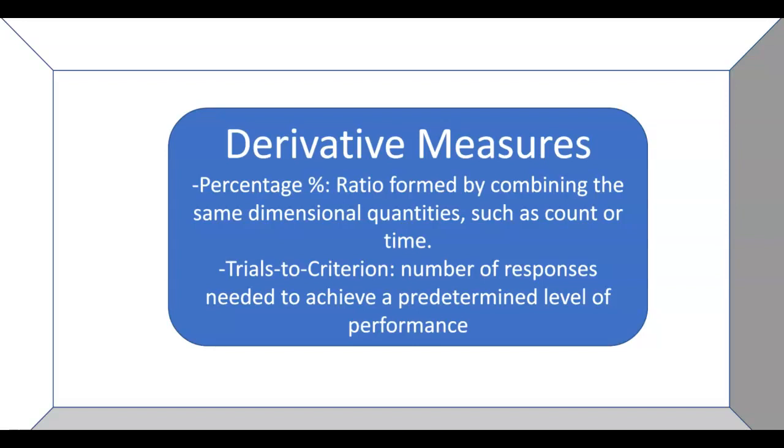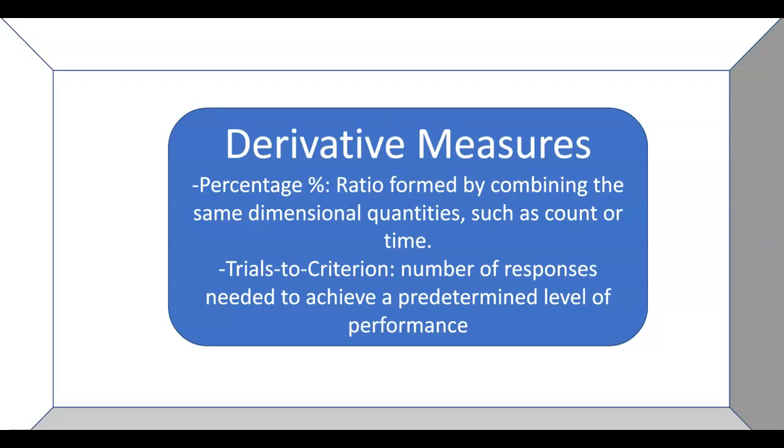So for percentage, if you're looking at count and you say, I gave him 10 questions and he answered 5, so that's 50% of the questions. If you're looking at time, you could say he kept jumping 30 minutes, the duration of 30 minutes within the hour, so that's 50% of the time. That's how you calculate percentage.